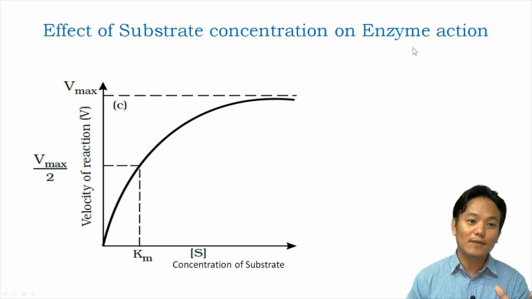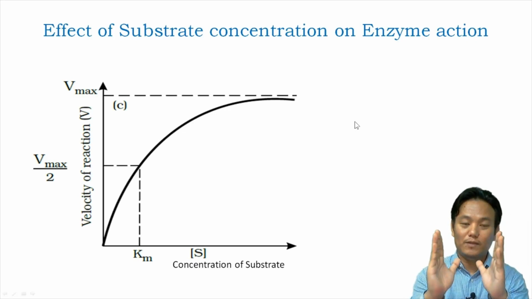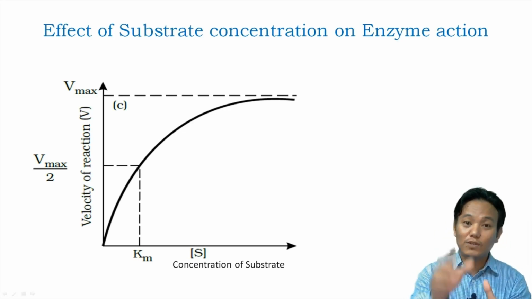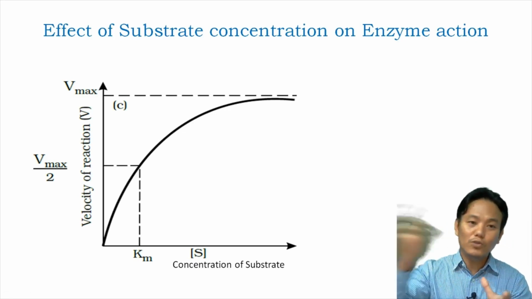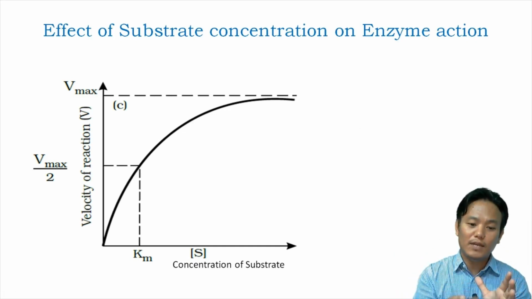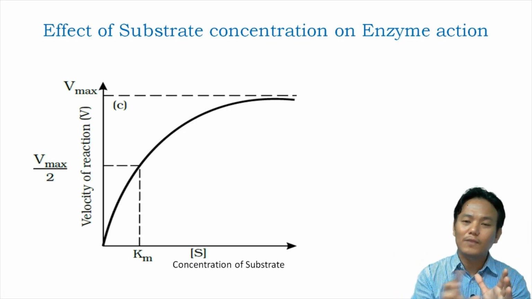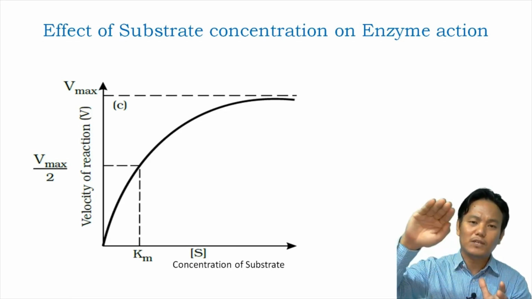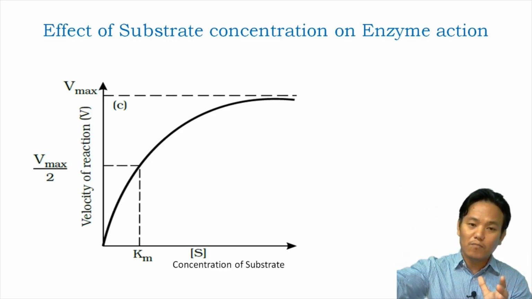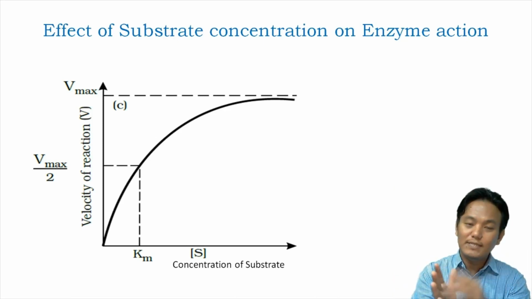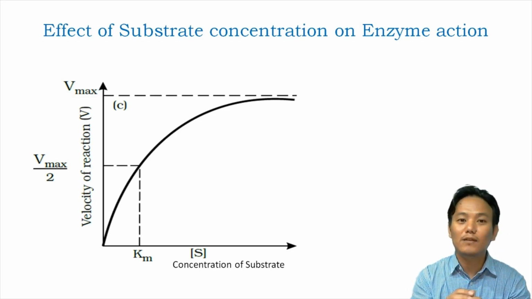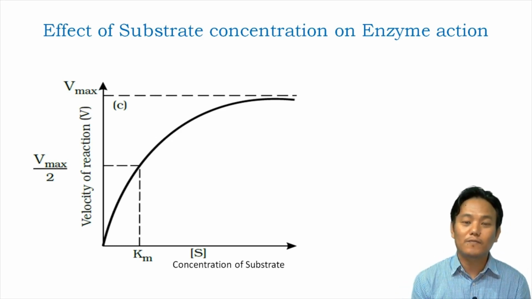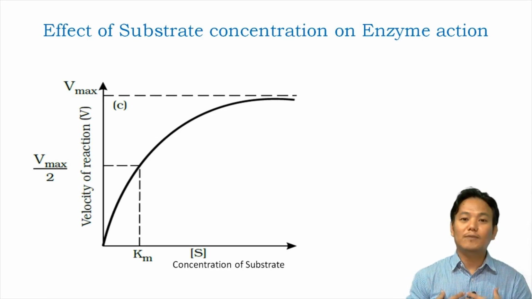Because the enzyme is limited. The amount of enzyme within the reaction mixture is limited, so the active sites are not free, and the rate of reaction cannot increase further.